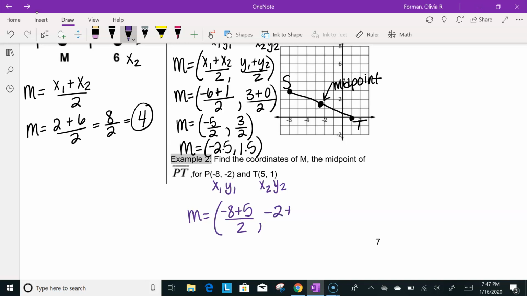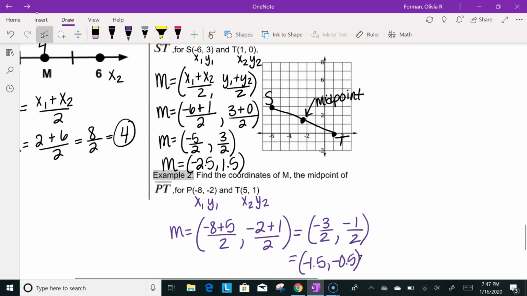Then I add up the y's and divide by 2. Negative 8 plus 5, I would get negative 3. Negative 2 plus 1, I'd get negative 1. And so again, negative 1.5, negative 0.5, if you actually want to solve that out.